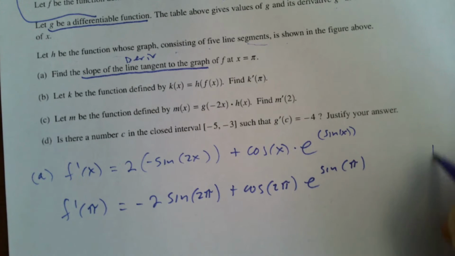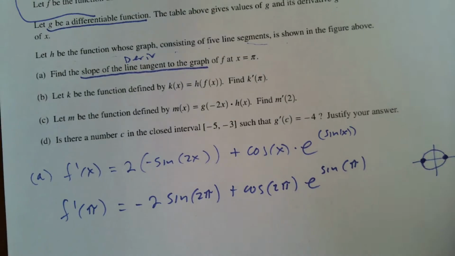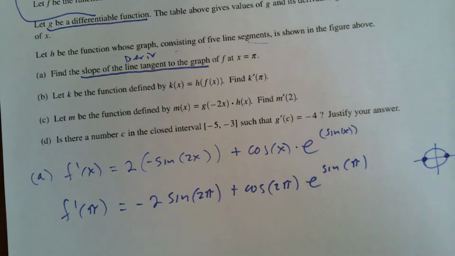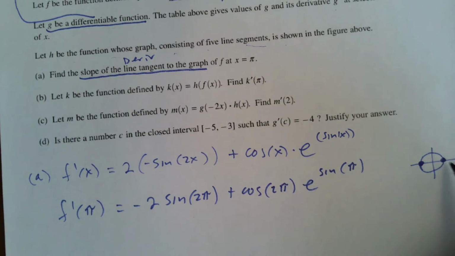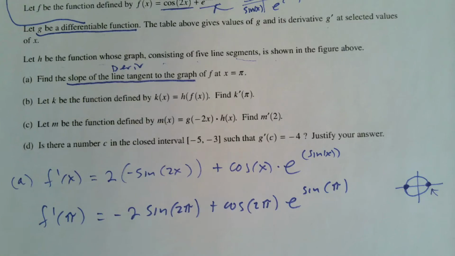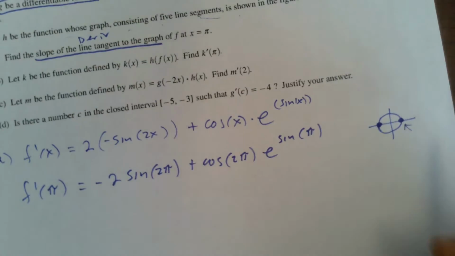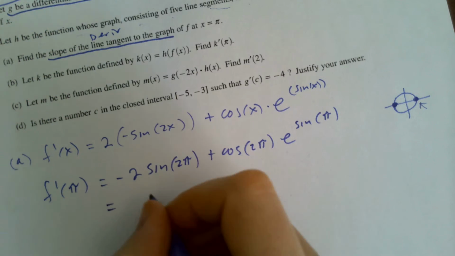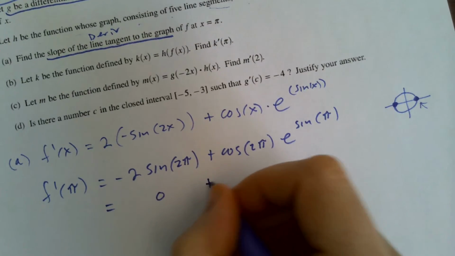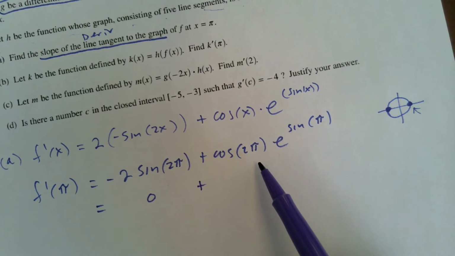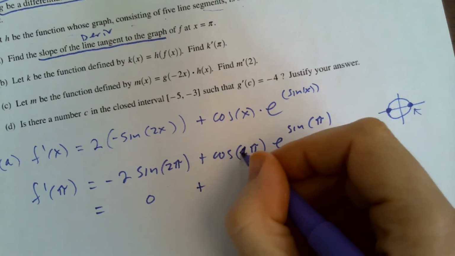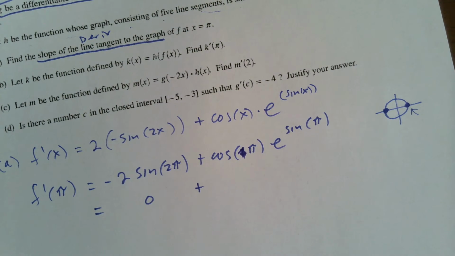Okay, so if you think of the unit circle, which is like this, all right, sine of 2 pi, so 2 pi lands us there. Sine is the y value. The y value there is 0. So that's just 0 plus cosine of, oh, whoopsie, not 2 pi, that's just pi, my bad.